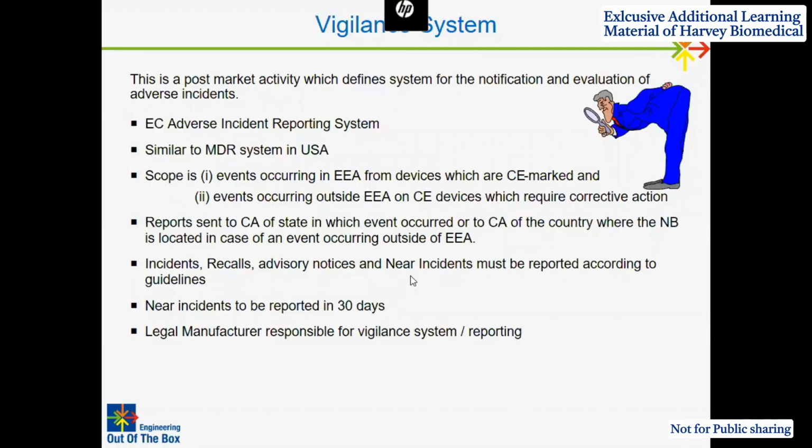Vigilance system. As I explained earlier, the CE mark certificate is valid for 4 years as in the MDD, and here also, once the certificate is going to expire, they will come for the audit again and go for the CE marking. In the same way, for ISO 13485, once the certification is completed, the certificate is valid for 3 years.